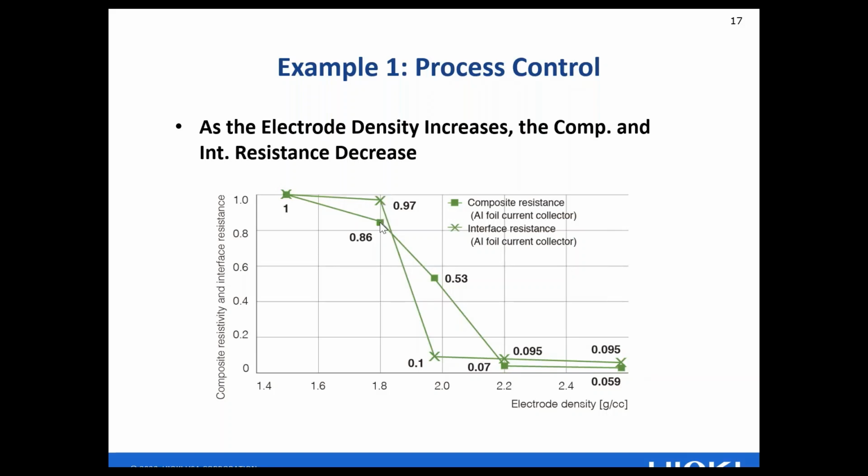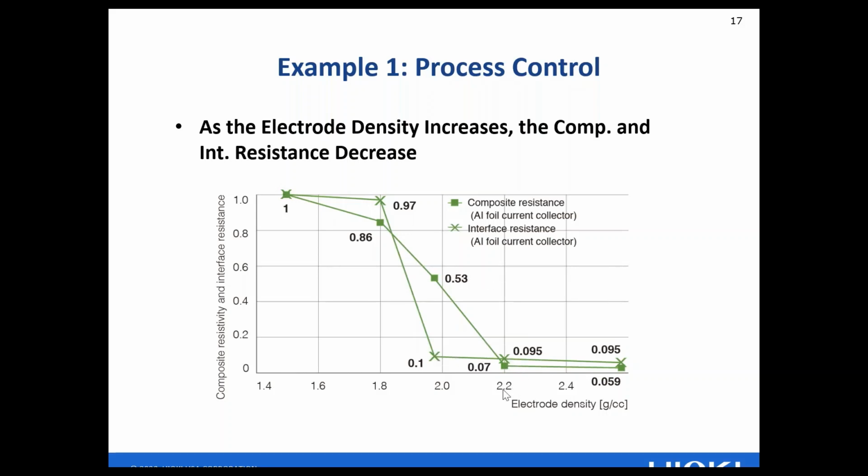The full squares are the composite resistance. Interesting to see is that the interface resistance goes on a different curve than the composite resistance. You also notice that there's a sweet spot somewhere around 2.2 where the resistivity doesn't reduce any further than what you have at 2.2.